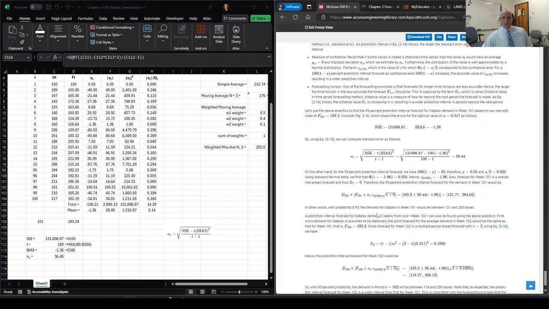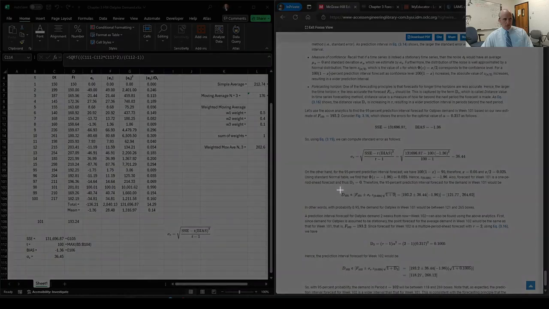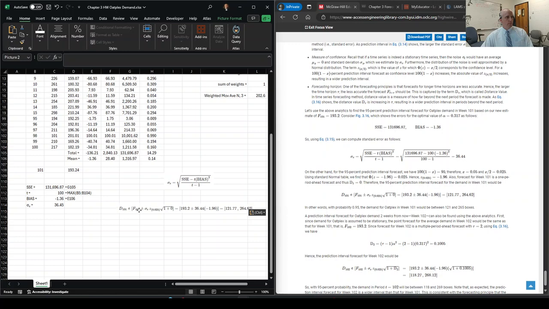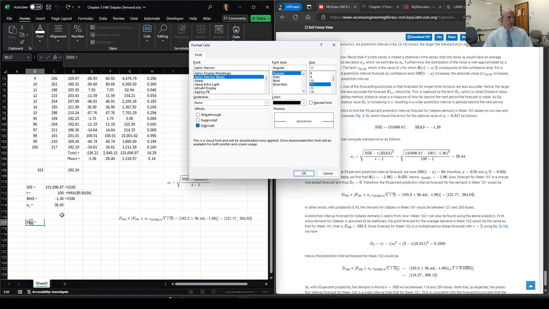It's probably worth it also, maybe just for reference purposes, I'm going to go ahead and copy this formula into Excel as well. And this is going to be the demand for week 101. But it's going to be the interval forecast, not just the point forecast.